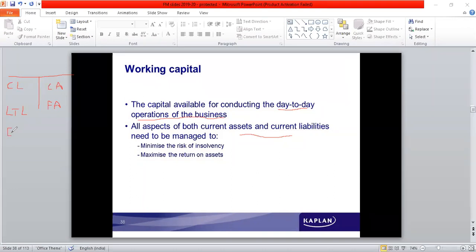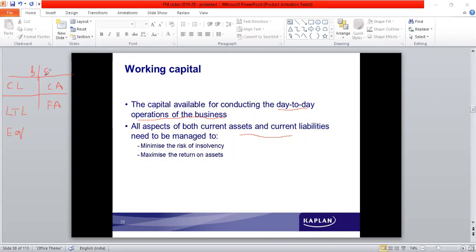Now, generally, we are only aware of the equation of working capital in the short run. So we just take current assets minus current liabilities to be the working capital. I also gave you the other equation of working capital.